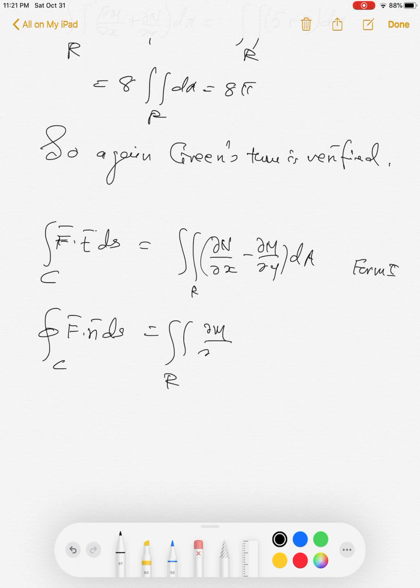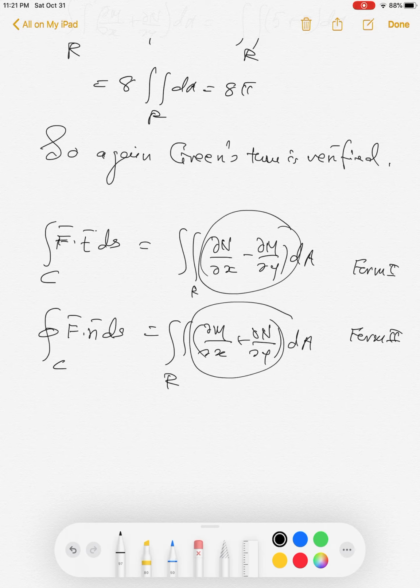And on the other hand, the flux integral is the double integral of dM/dx plus dN/dy dA. This is form 2.